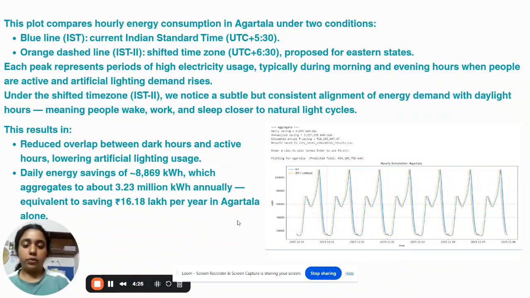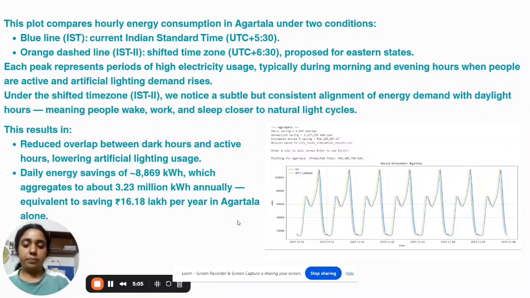As seen in the plotted output, Agartala, one of India's easternmost urban centers, displays clear misalignment between natural daylight and social activity under the current IST. By applying a +1 hour offset, IST second, that is the proposed new time zone, the model forecasts a daily saving of about 8800 kilowatt hours, equivalent to 3.23 million kilowatt hours annually, or roughly 16.18 lakh in energy cost savings.